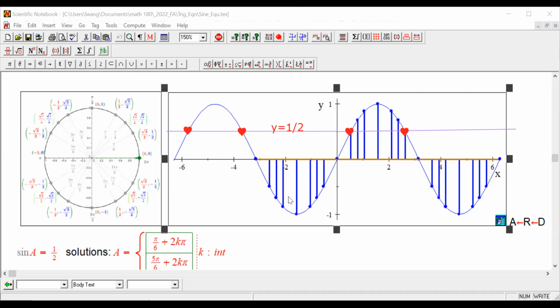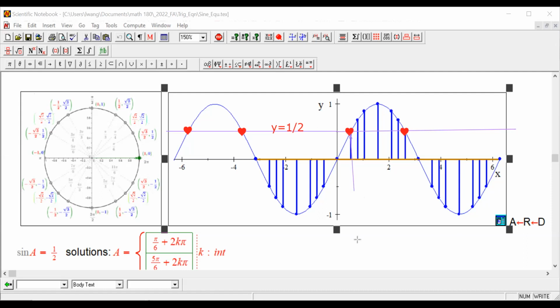Now let's look at our solution representation here to see how it is relevant. On this point, the input is pi over 6 and the output is half. I'm going to mark it. Let me use an arrow so it doesn't get too crowded.